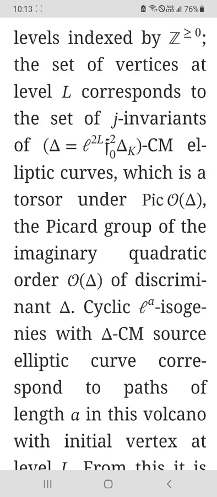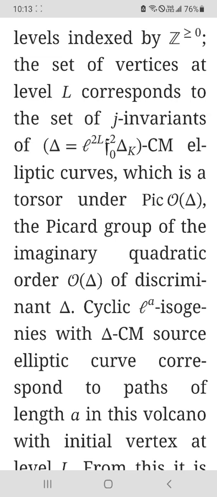The set of vertices at level l corresponds to the set of j-invariants of Delta equal to L^(2l) f_0 squared Delta_K CM elliptic curves, which is a torsor under the Picard group of O(Delta).